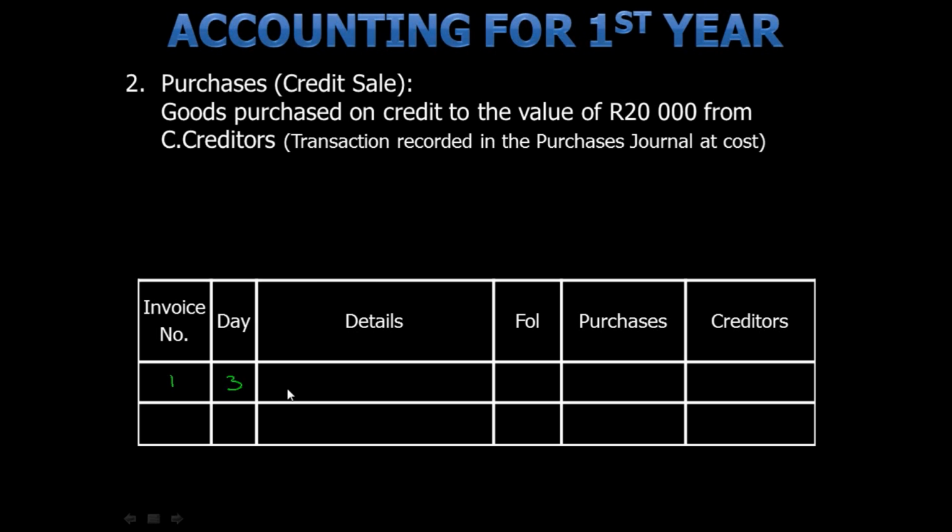Under details, we would enter the name of the creditor, in this case, C creditors. Then we would enter the folio number, and then the value of the goods purchased at cost will then be recorded in the purchases column and also in the creditors column.